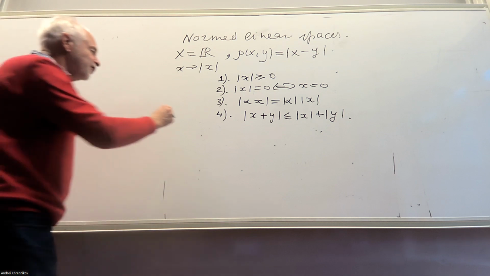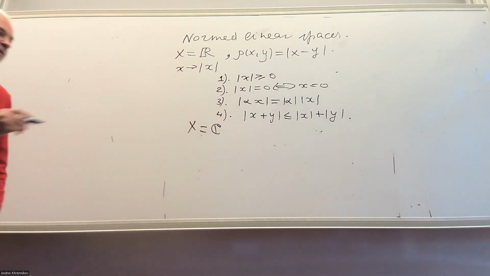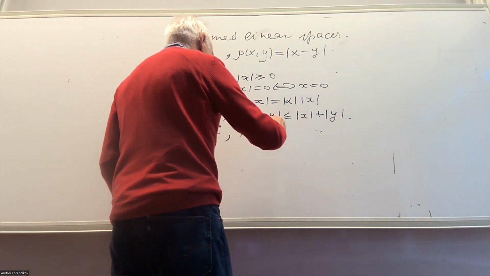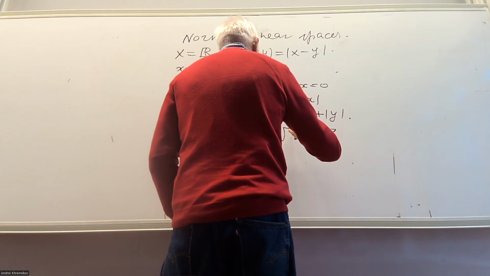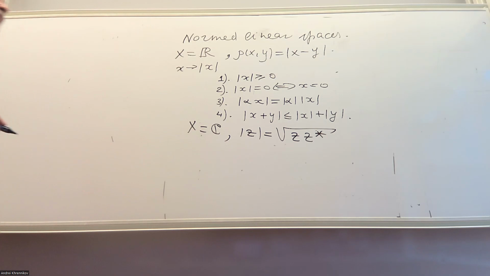The same can be checked for x being complex numbers, z, with absolute value of z equal to the square root of z times z star. It's not good here to use x and y because they were used in the real case.